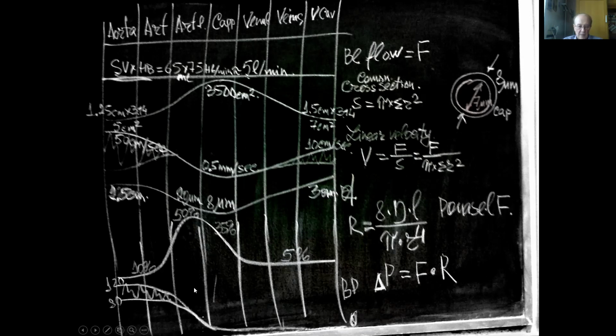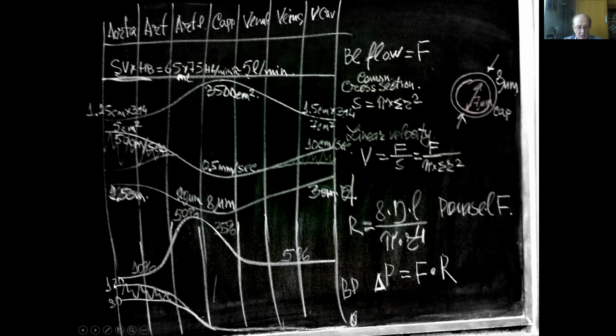One complicated question arises: how does the linear velocity depend on the blood pressure, or how does the blood pressure correlate with the linear velocity? You see that in the arteries, the linear velocity is decreased, and it has the minimum in the capillaries.